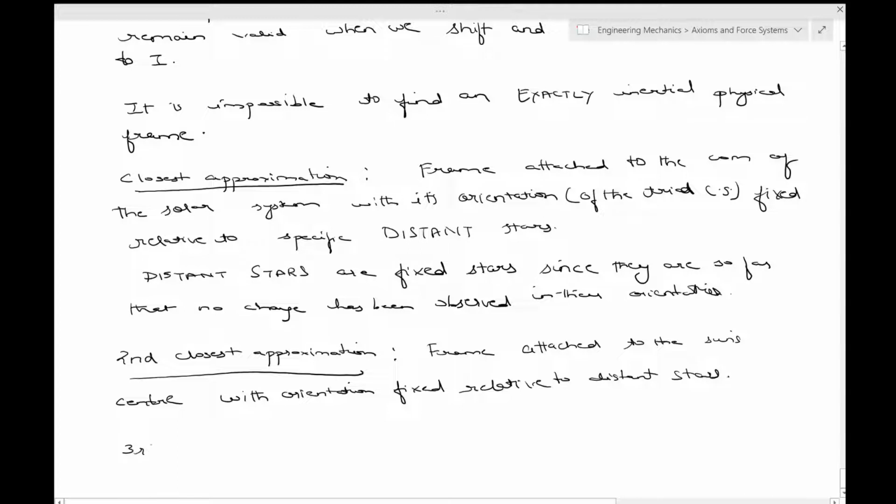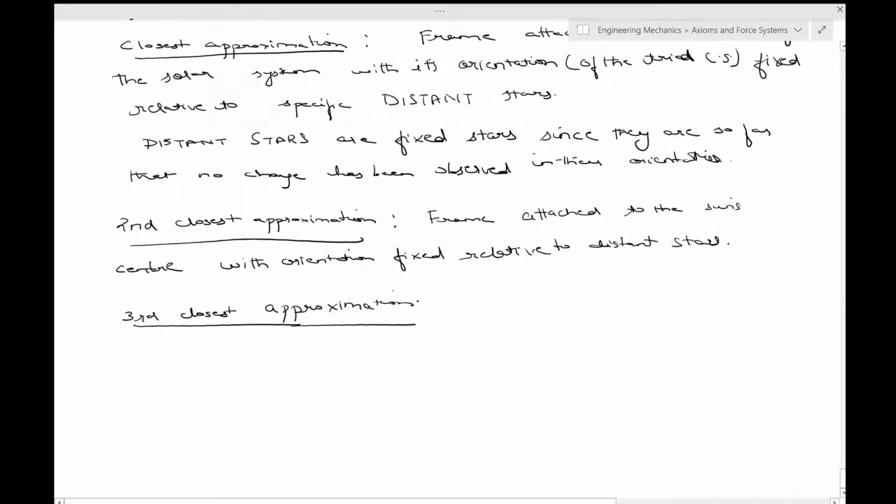We are getting further away because we are definitely moving towards frames which are accelerating in themselves. The center of mass of the solar system perhaps was less accelerating, and the center of the sun is slightly more. It is known, we just know it to be more, so it is based on our knowledge.